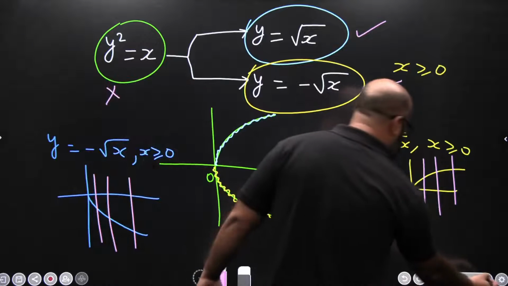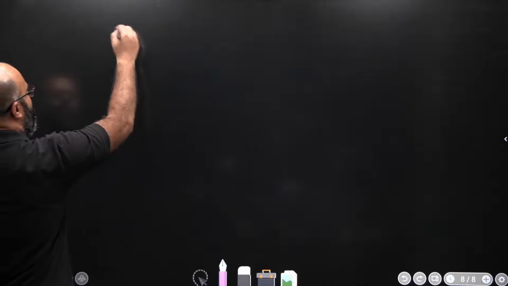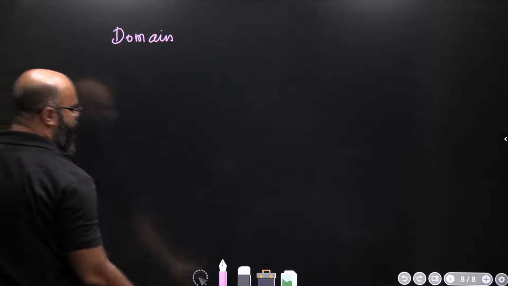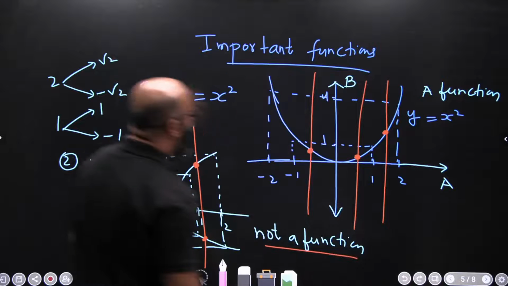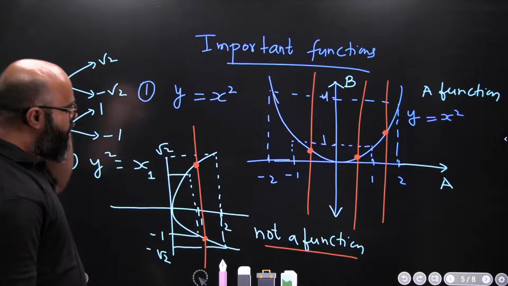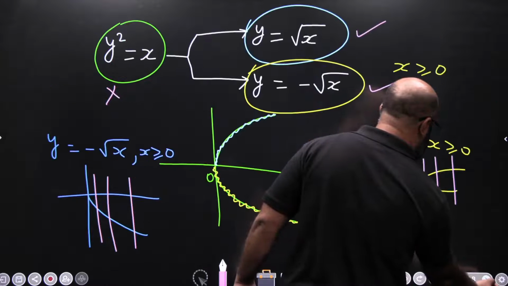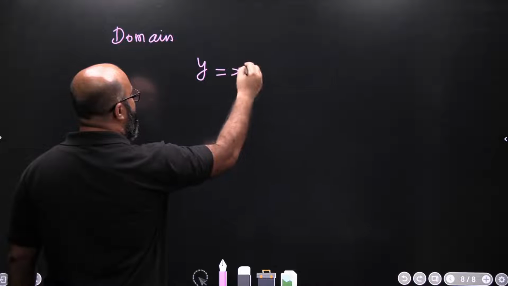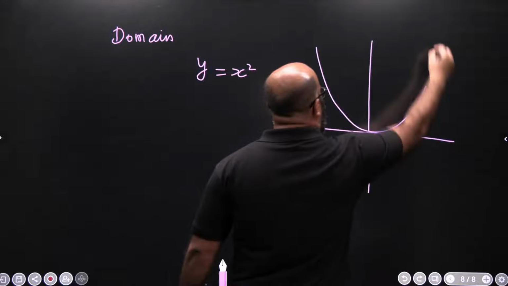Now we take domain. As you have seen a little while ago, this was a function y equal to x square, an upward opening parabola. So we are taking y equal to x square as the example.